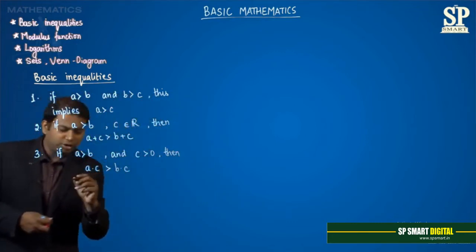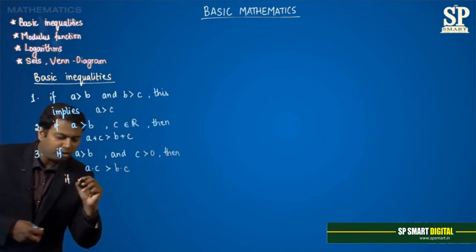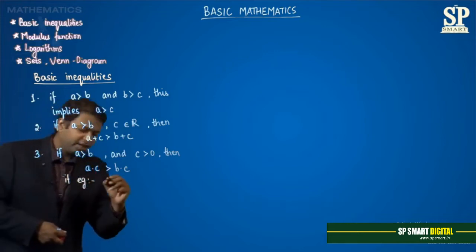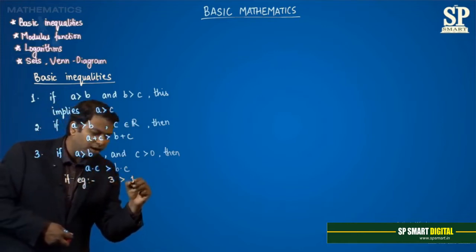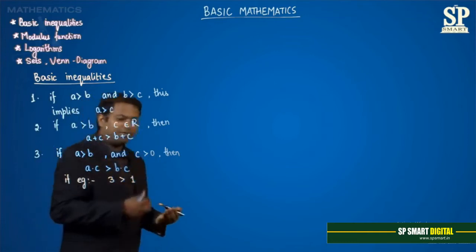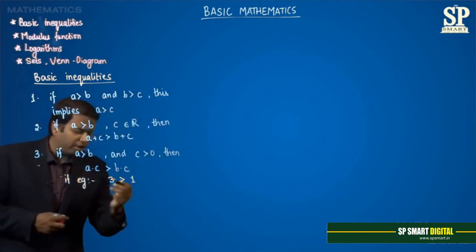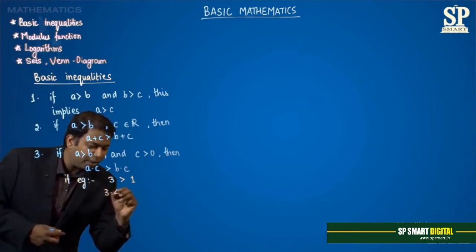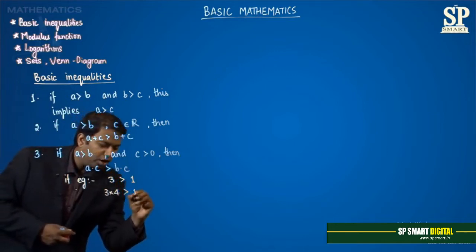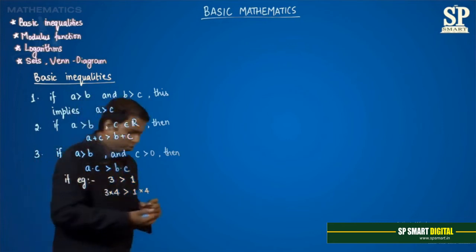So for example, if we say 3 is greater than 1, and we take any positive real number greater than 0, let us take 4, and if we multiply 4 on both sides, 3 into 4 always remains greater than 1 into 4.